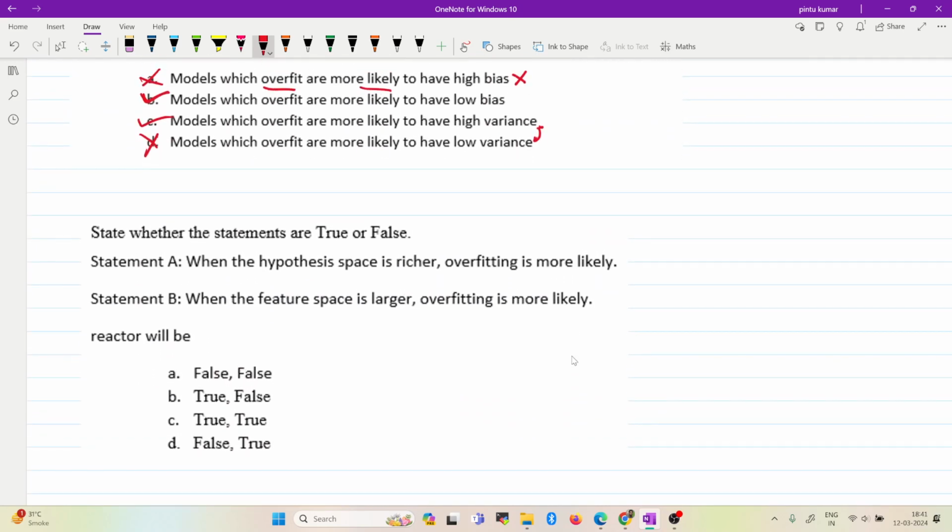Okay, so this is also sort of a similar question. What is meant by the hypothesis space being richer is that you have a bigger, larger hypothesis space. So what is the correct option for this?